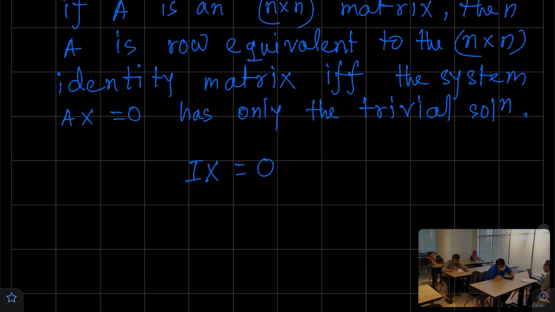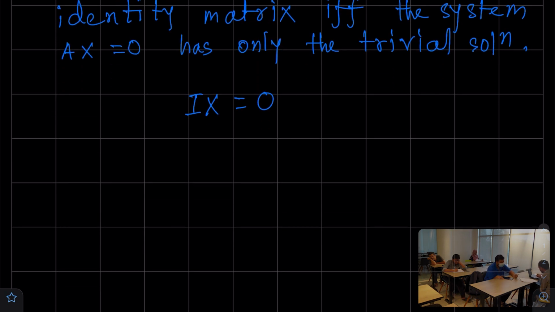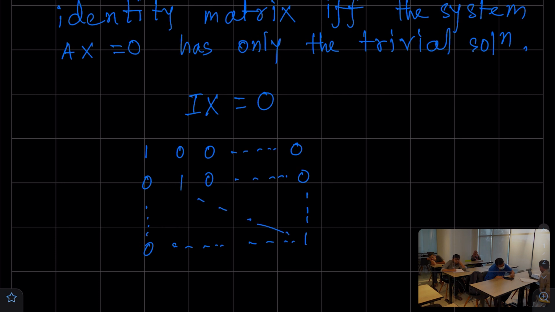And since A is a square matrix, I is something like 1, 0, 0, 0, then 0, 1, 0, 0, and so on, down to 1.